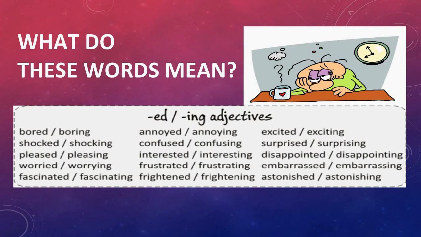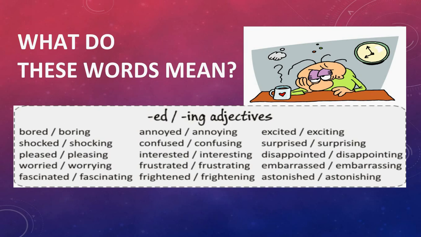So here are some great phrases. If you don't know the meanings of some of these words, it might be worth checking them in a dictionary. You will be able to use them very frequently, and they'll help to develop your English. Bored, boring. Shocked, shocking. Pleased, pleasing. Worried, worrying. Fascinated, fascinating. Annoyed, annoying. Confused, confusing. Interested, interesting.